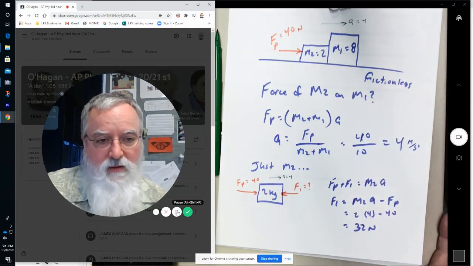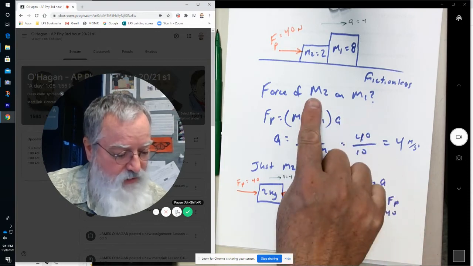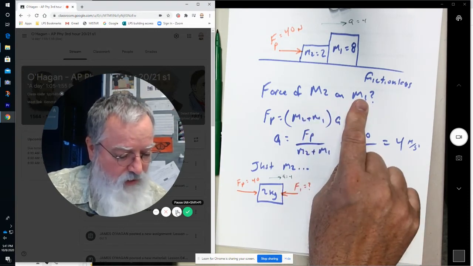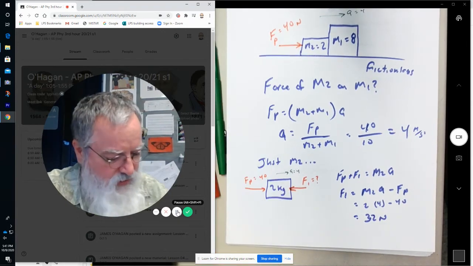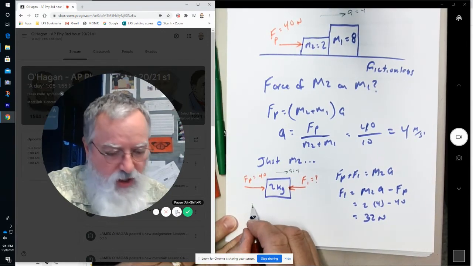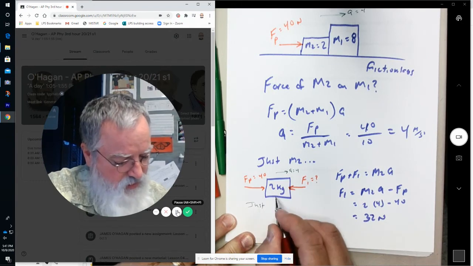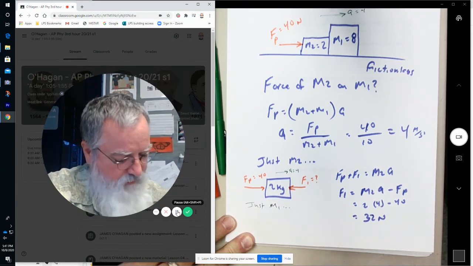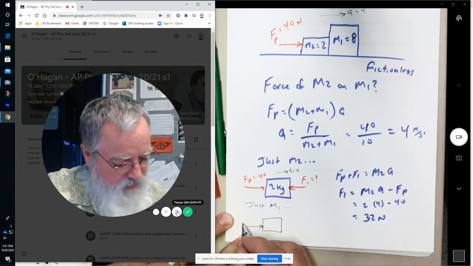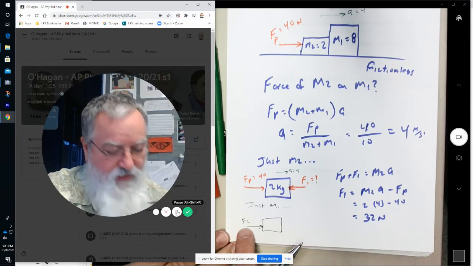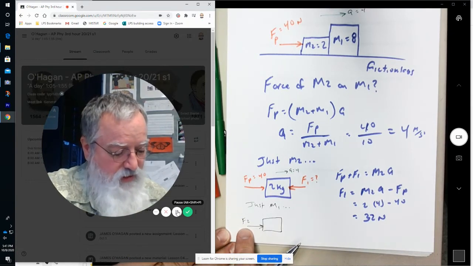Great. But what we really want to know is how much does mass 2 push on mass 1? So if I look at just M1, mass 1 looks like this. And it only has one force, and that's going to be force 2, and that's what we're looking for. Well, it's really easy.